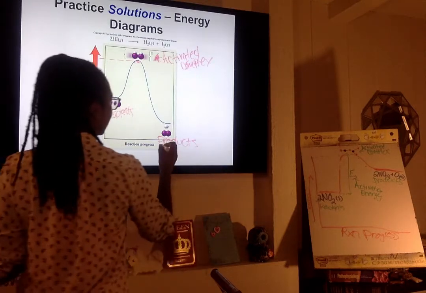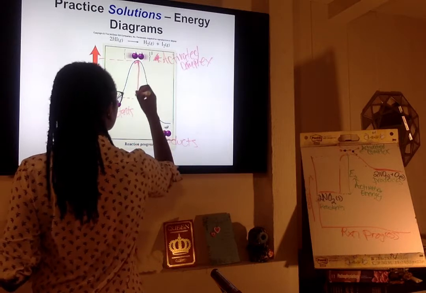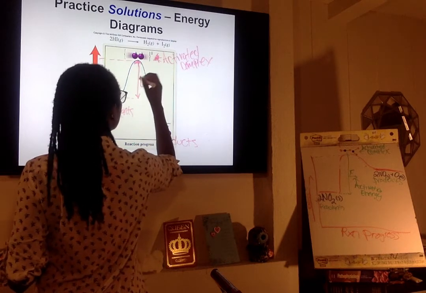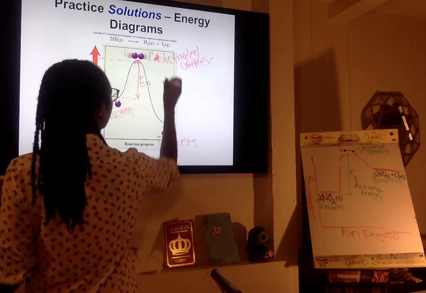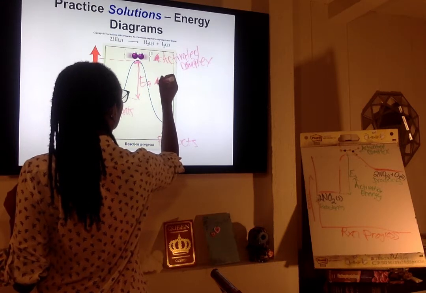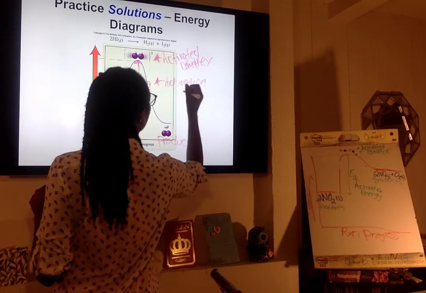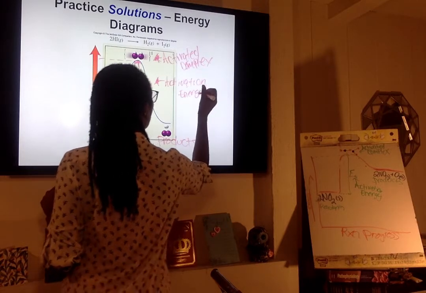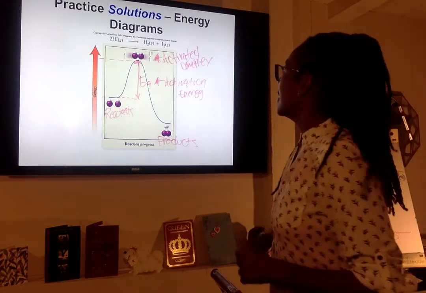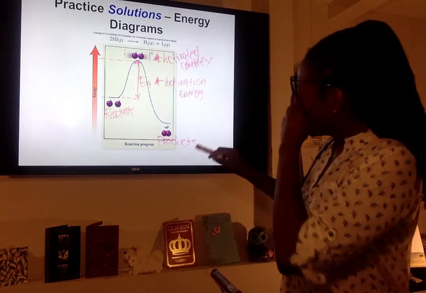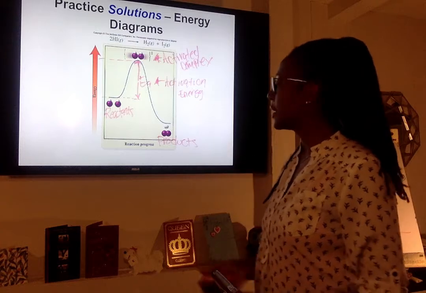So products, and then you have your amount of energy that is used that you have to get over, which is the EA. From here to here is the activation energy. Okay, yes, sorry about that. That feels better. I was wondering, something felt off. So we have our reactants and then our products. That's why the products are going to be lower than our reactants, because we're releasing energy here.